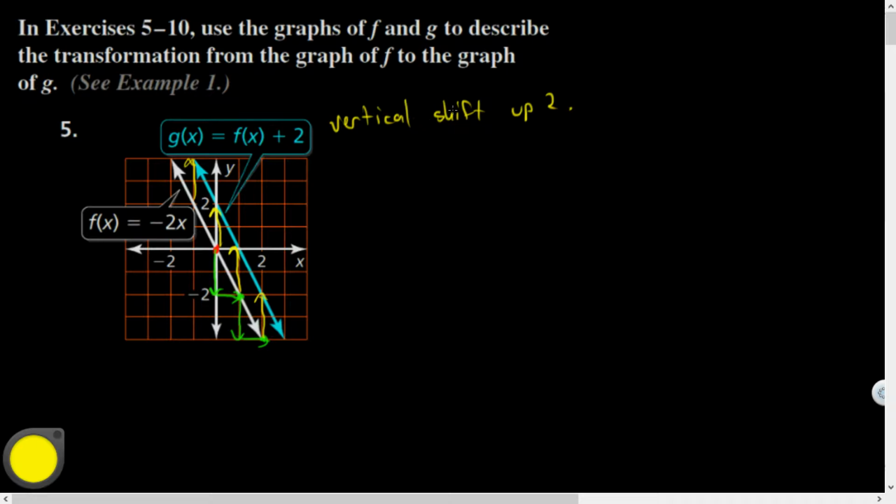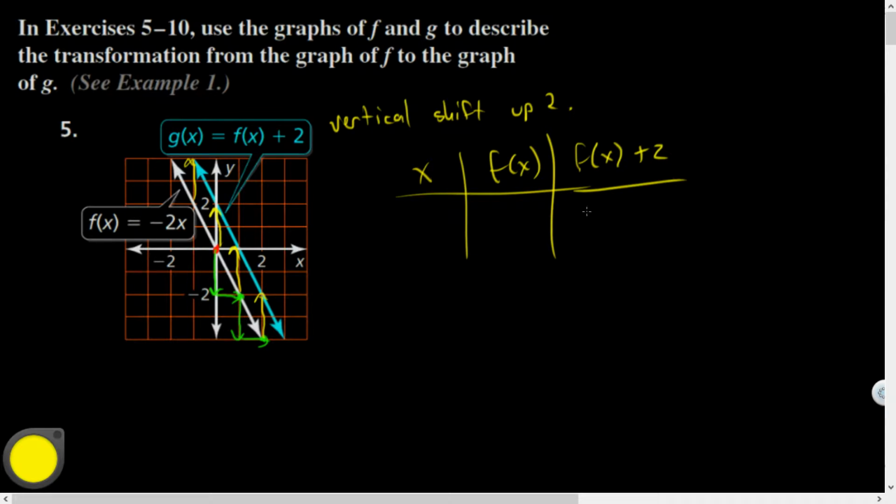If you imagined a table of values, we would have had our x values, our f of x values, and then f of x plus 2, which would have just added 2 to all of those previous y values. And that would have resulted in only the y coordinates being increased by 2. So that's why it's a vertical shift.